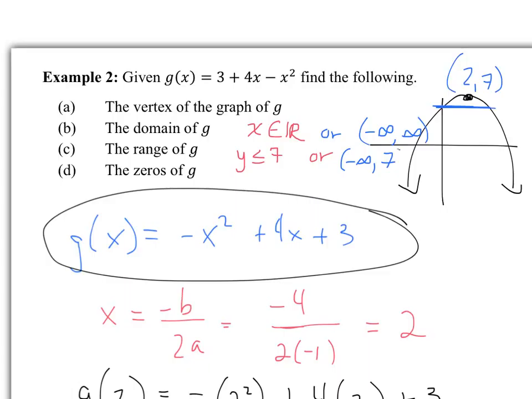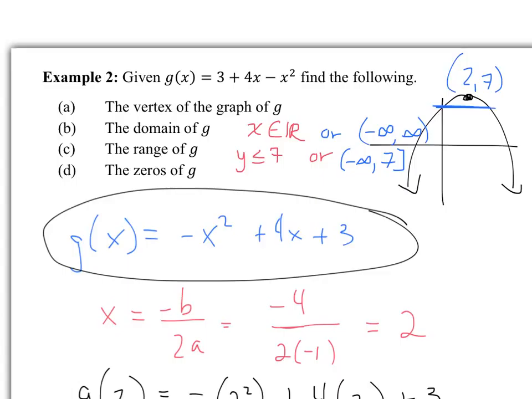Yeah, bracket. Very good. Okay, remember the bracket means less than or equal to. You can never get to infinity, which is why infinity always has a parentheses. Had it been up to 7 but not including 7, you would have put a parentheses there to show it doesn't include 7, just like it doesn't really include infinity, because infinity is a theoretical concept.